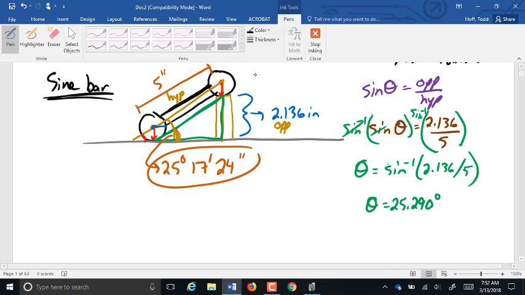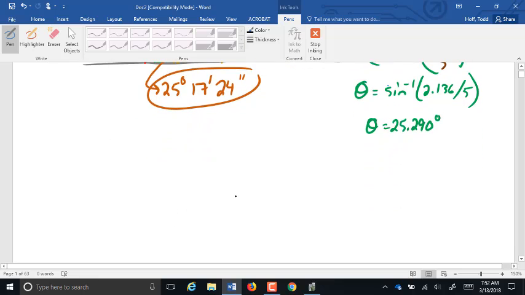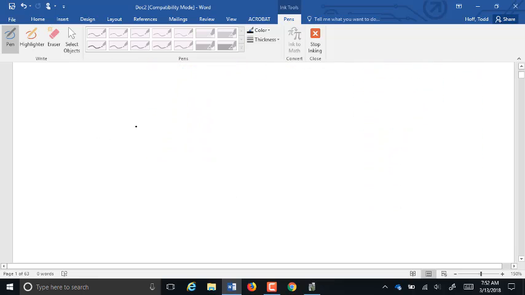Now, generally, we're not just doing a build-up and trying to figure out what angle we have. Generally, what we're trying to do is find or create a specific angle.